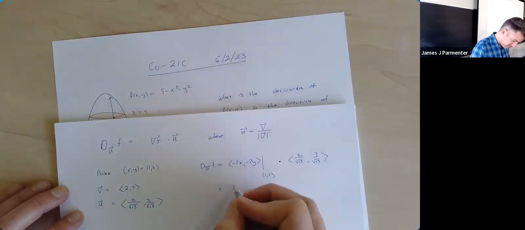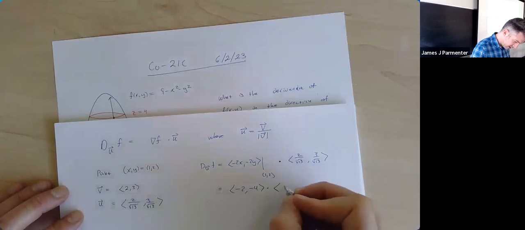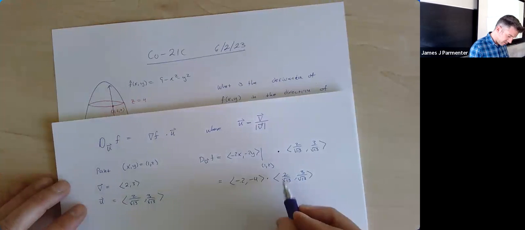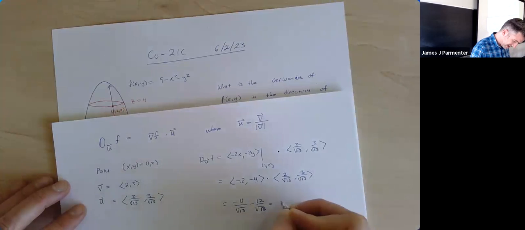Then we get (-2, -4) dotted with this. When we multiply that out, negative 2 times 2 is negative 4 over root 13. Negative 4 times 3 is negative 12 over root 13. So we end up getting negative 16 over root 13.